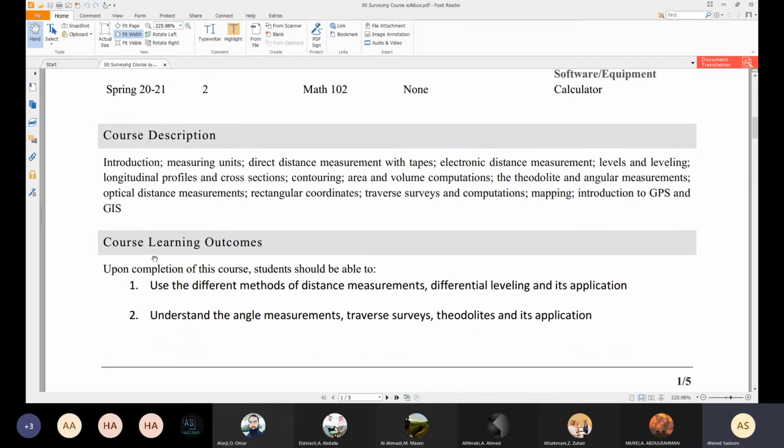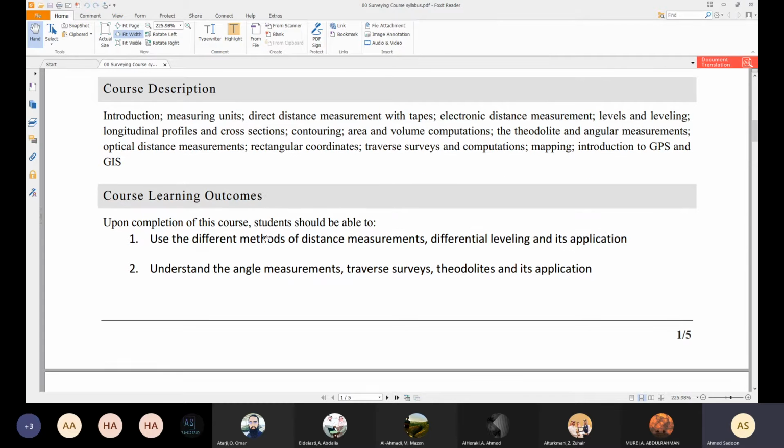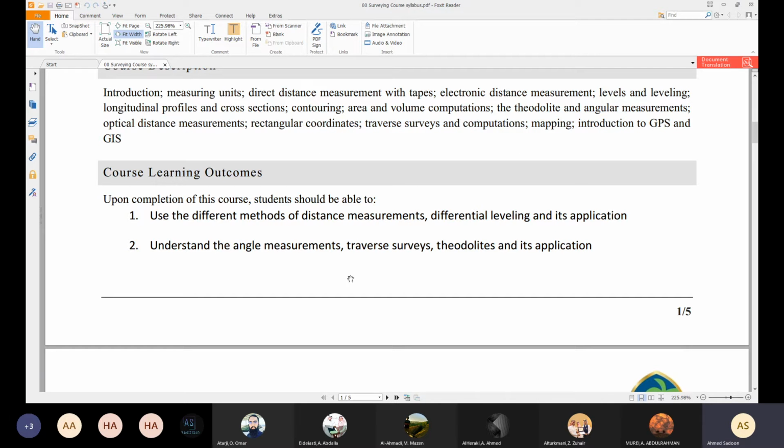So as a student, after I finish the course, I have certain learning outcomes. After I finish this course, I will be able to understand the following. You should be able to use the different methods of distance measurement, and also understand differential leveling and its application. Also, you should be able to understand angle measurements, traverse surveys, and theodolites and their applications.